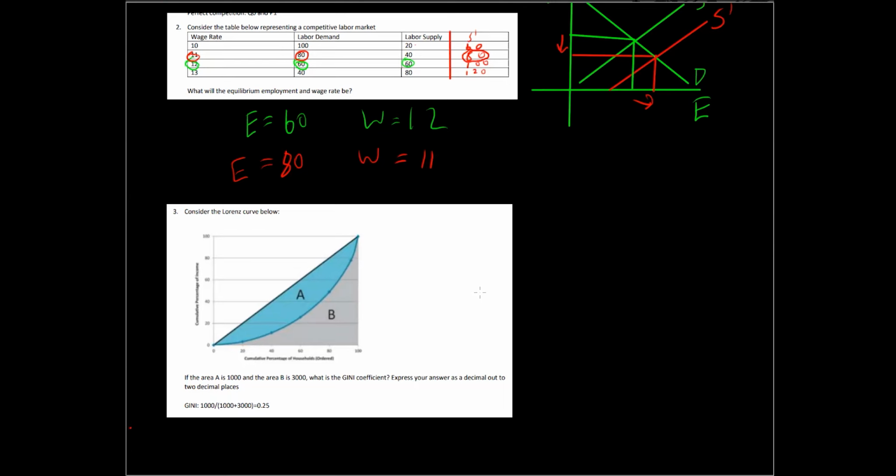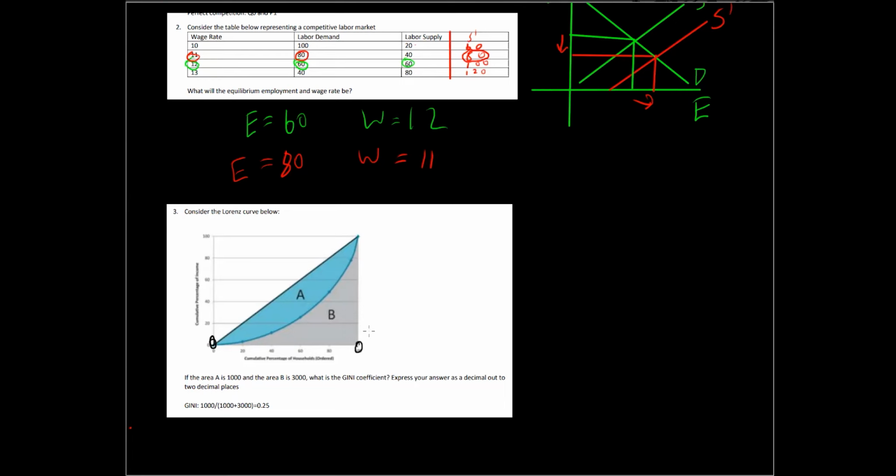The lowest income person stands all the way over here, the highest income person stands over here. And as you move across the graph, you add up the income of every person that came before the person you're looking at. So this is a cumulative distribution of income in an economy.